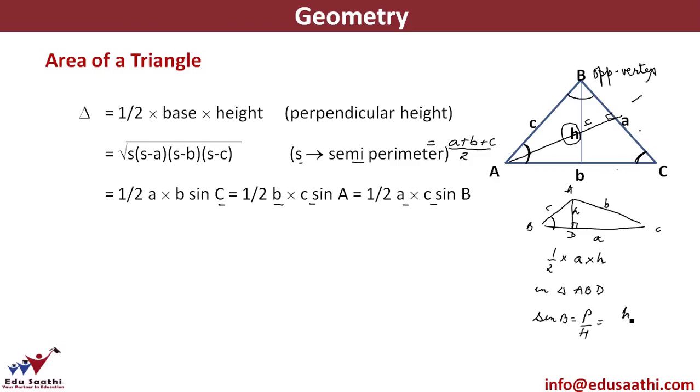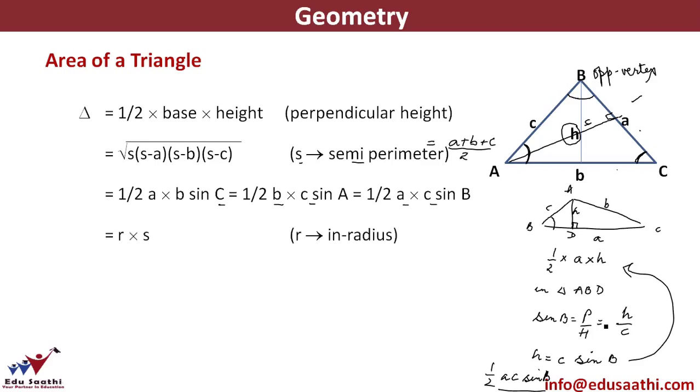Perpendicular is H and hypotenuse is C. So H can be written as C sine of B. So I can put this back and I will get the formula as half AC sine B. This is not a new formula. It's a simple application or extension of the original formula that we have.